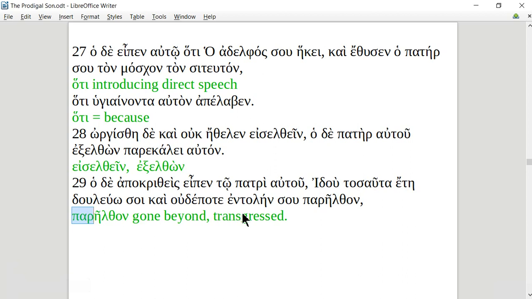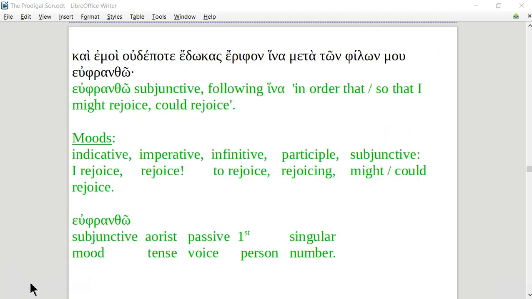So that's like transgressed. That's actually what transgressed means. It comes from Latin, trans, beyond, and gress, to go. So you go beyond. You've transgressed. Well, in that case, yes, he's sinned against your command, transgressed your command.